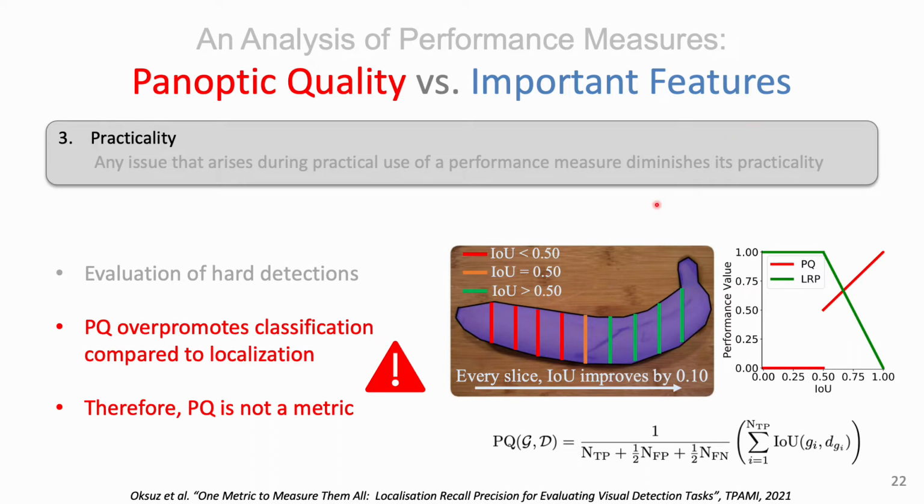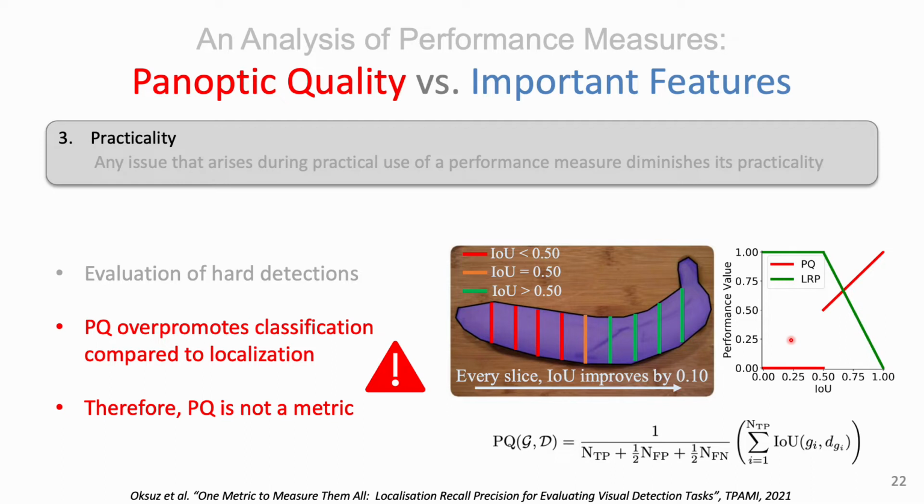A more severe practical issue with panoptic quality is that it over-promotes classification with respect to localization. Here we see an example. Consider that we are slowly increasing the quality of our segmentation by adding these slices, step by step. With each step or slice, we calculate the corresponding panoptic quality and we plot it here as shown at the right hand side.